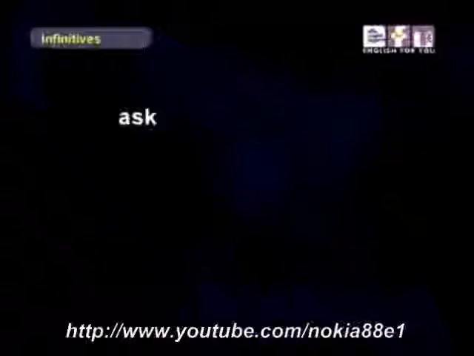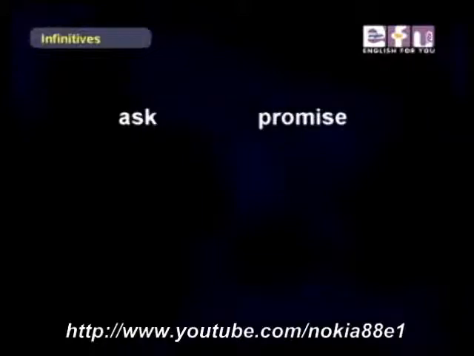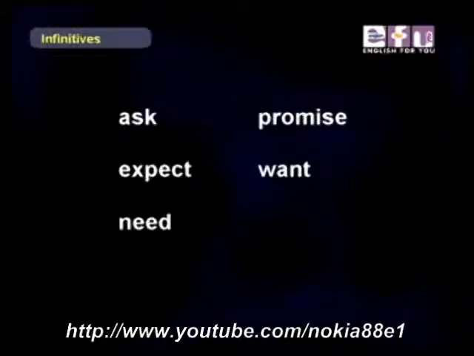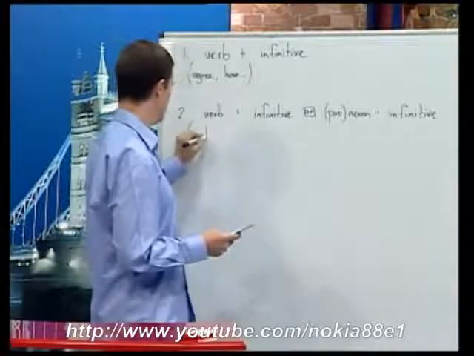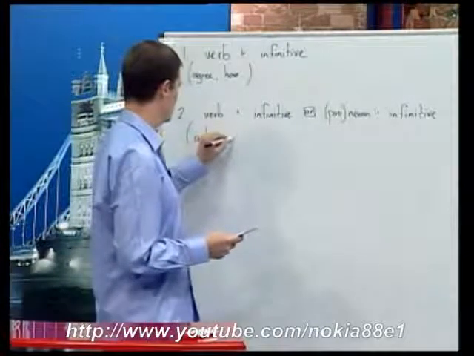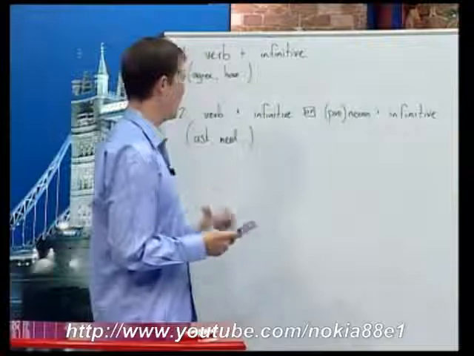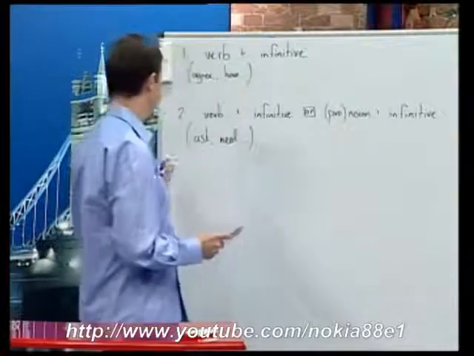Some examples of these verbs are ask, promise, expect, want, need, or would like. So let's have a look at some of these verbs: ask, for example, need, and many others as well.